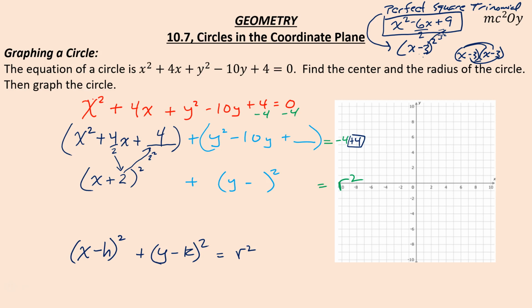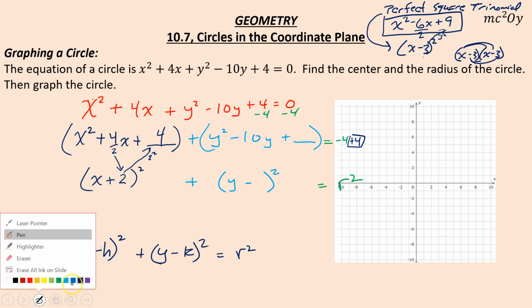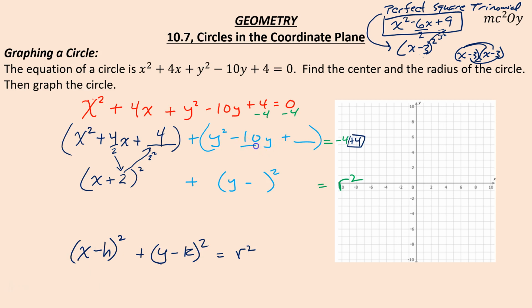All right. Well, the next piece, so I've got my first part here. That's good. The next piece, let's go ahead and take half of this. Half of negative 10 is negative 5. And then square that negative 5. Well, negative 5 times negative 5 is positive 25. So I'm going to have to add 25 over here.